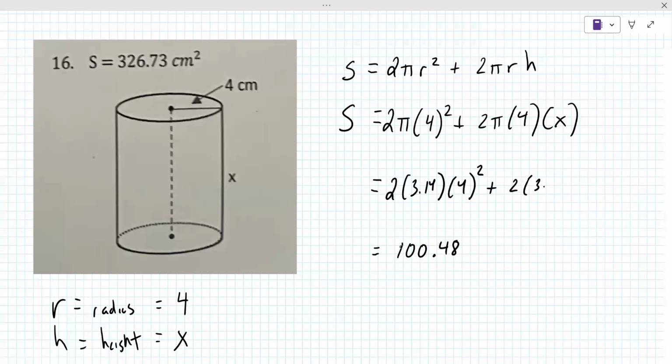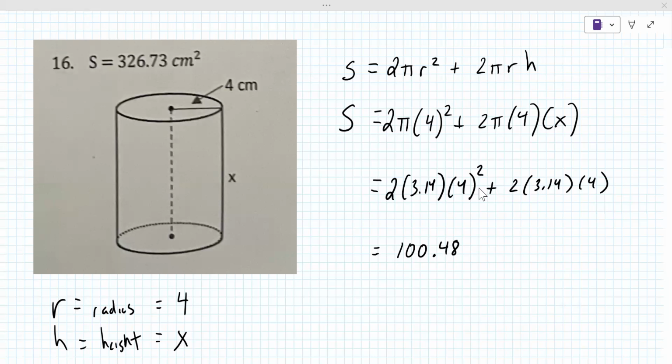What is 2 times 3.14 times 4? That's the next part we've got to do. 100.48 centimeters.